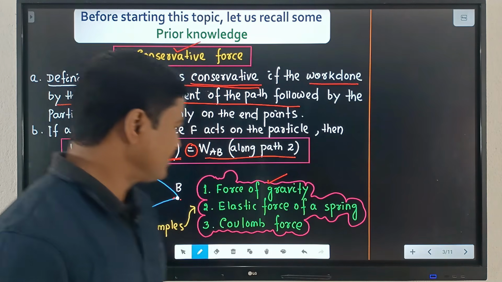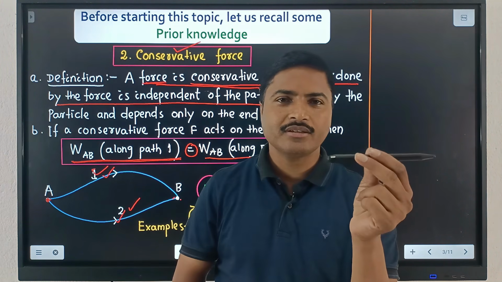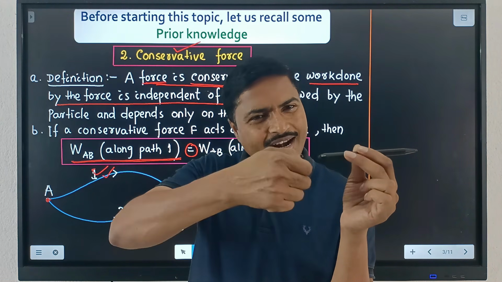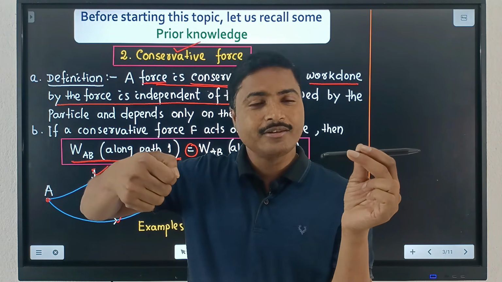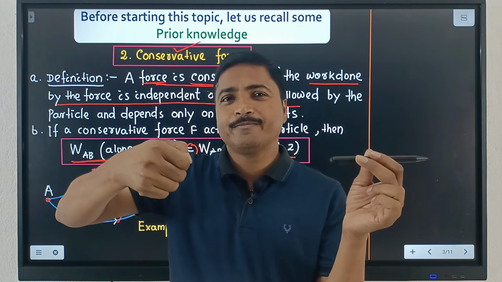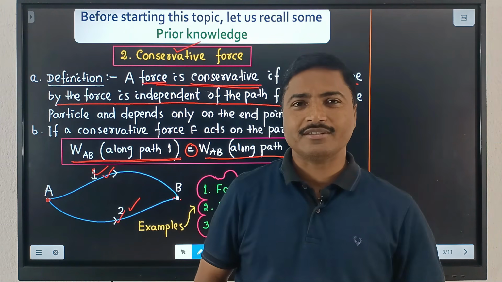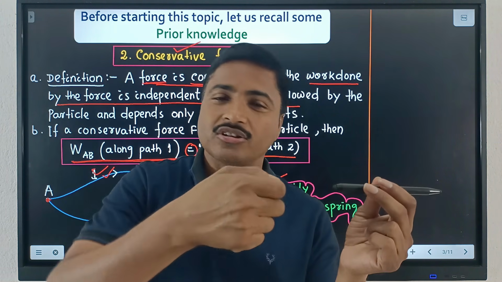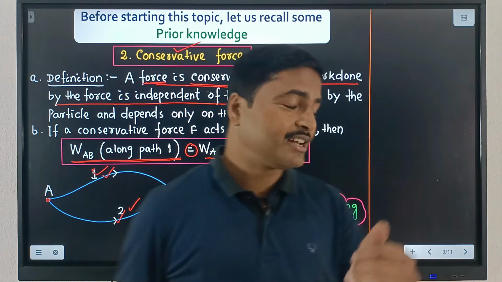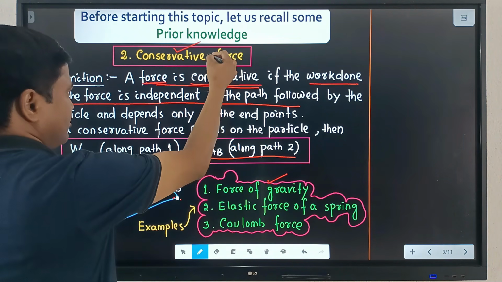Similarly, the second one is the elastic force of a spring. Suppose you take a spring, and if you apply an external force, then the length of the spring gradually increases, and in this case, the elastic force is there, just in the opposite direction of the external force. And that elastic force in case of a spring is also known as a conservative force.